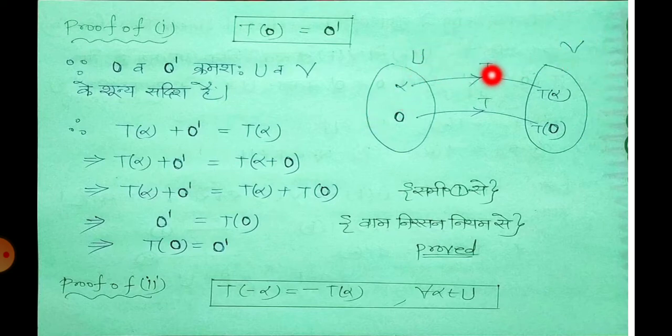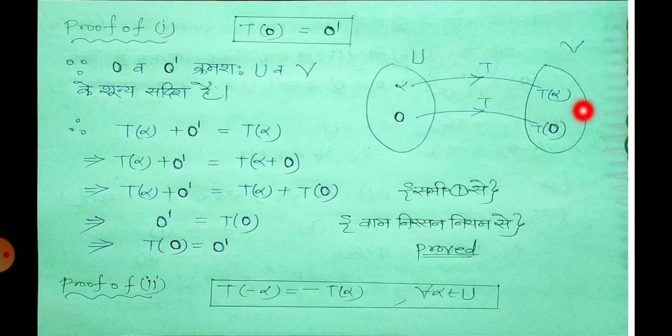Alpha belongs to U and T is a linear transformation, so T of alpha belongs to V. If alpha is an element of U, then T of alpha will be an element of V. Similarly, 0 is an element of U, so T of 0 will be an element of V. 0 is the zero vector of U. Since 0 and 0 dash are zero vectors of U and V, we can write that T of alpha is an element of V.